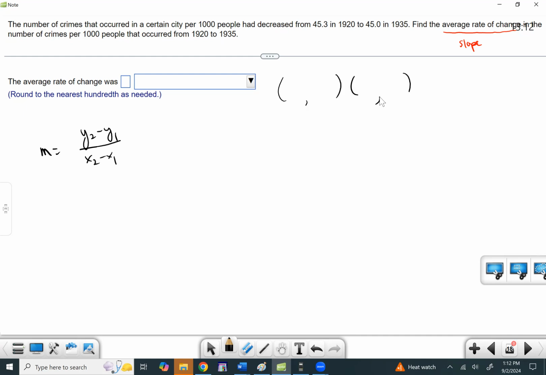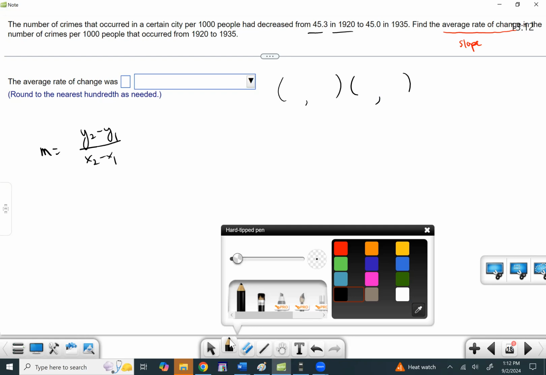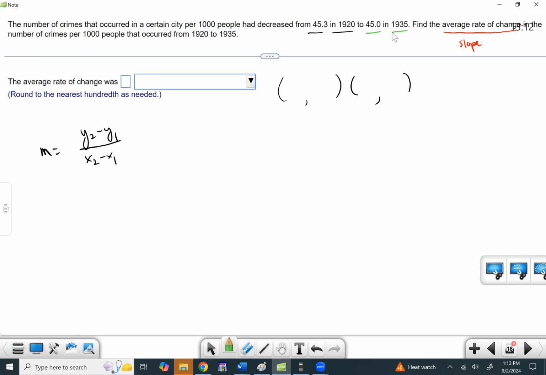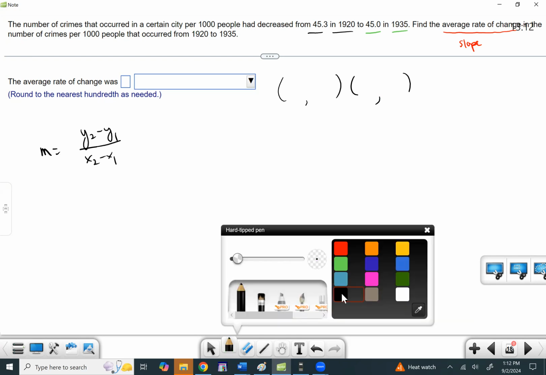So I can see right here that they're giving me those 2 pieces of data, and then that they're giving me these 2. All right, so remember, if you're not sure which one goes for the X and which one goes for the Y, it's usually time that's the X value, right?